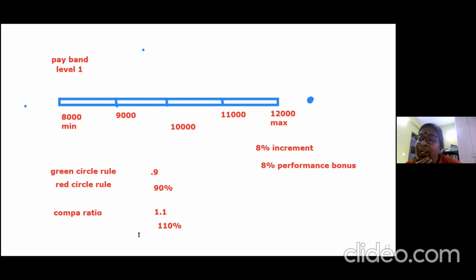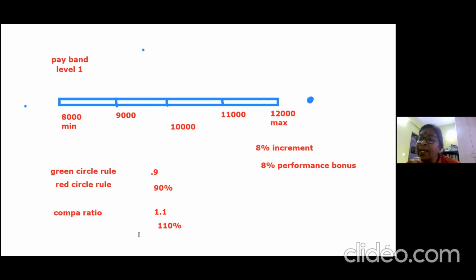Now, how do comp ratios help us? They help us to determine our policies: recruitment policy, promotion policy, and various other policies. For my recruitment policy, I will have only 80% comp ratio for freshers, and a little more, 90%, with 1 or 2 years of experience.